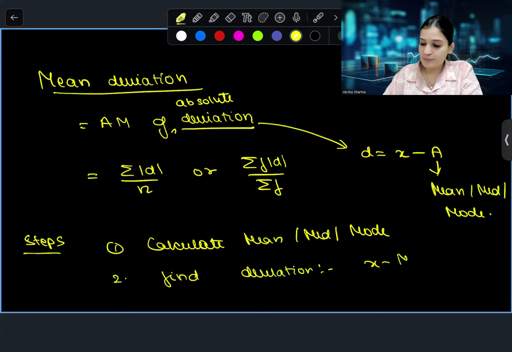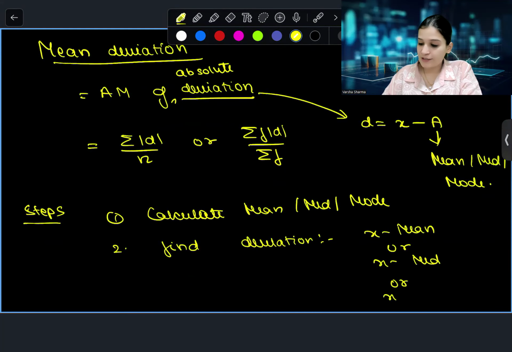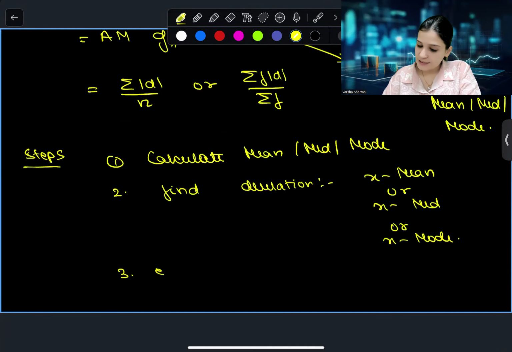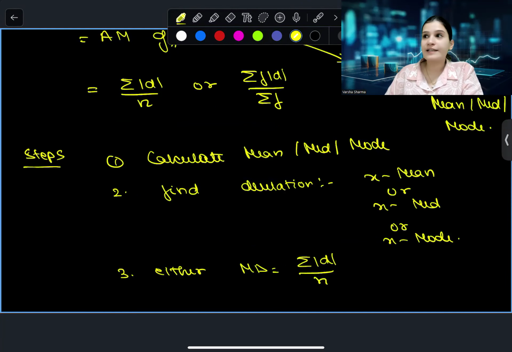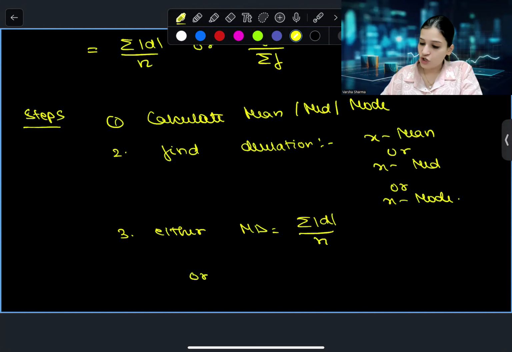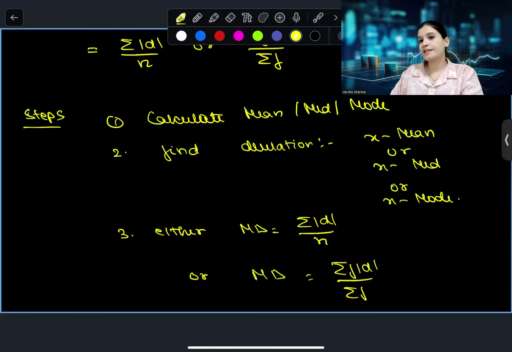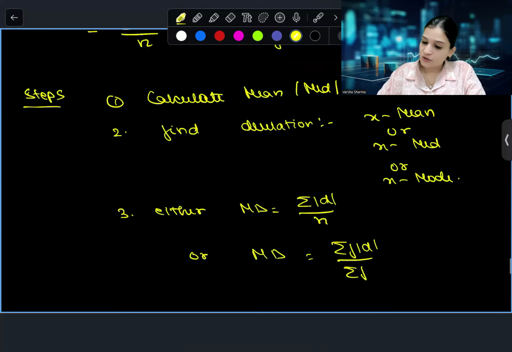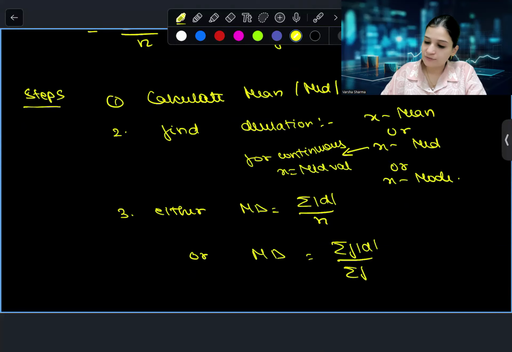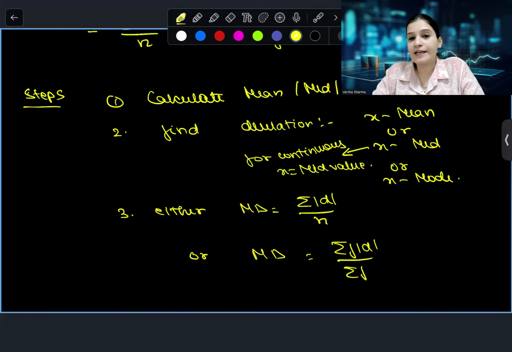That will be x minus mean or x minus median or x minus mode. The question will tell us. Third, mean deviation is summation d by n if it's an individual series question, or summation fd by summation f if it is a frequency question, discrete or continuous. Now this x for continuous series is the mid value. We have to calculate that.